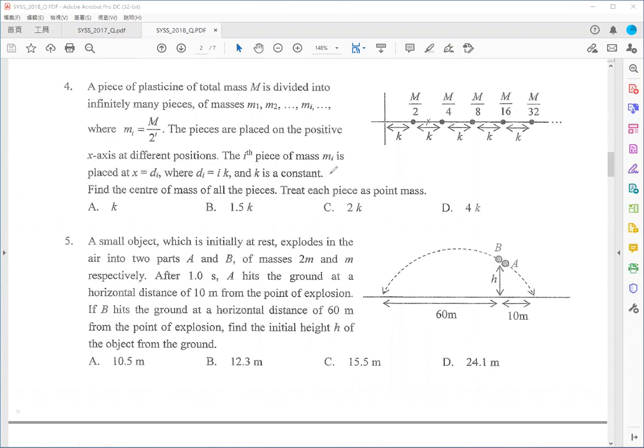So you have a look at this question first. It asks you to find the position of the center of mass of this system relative to the origin.